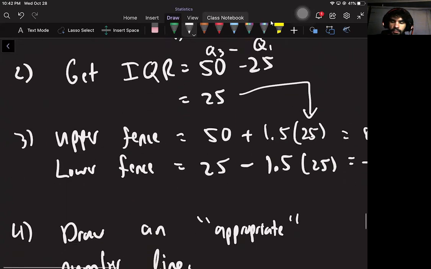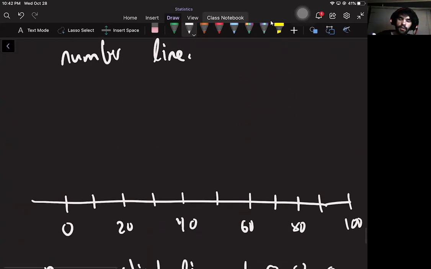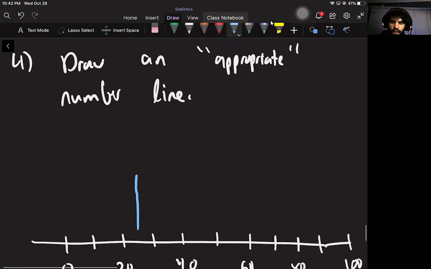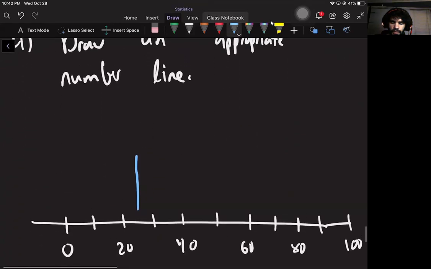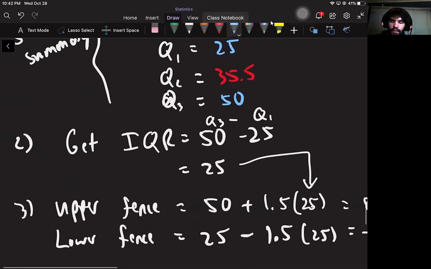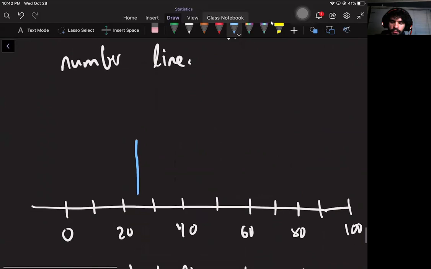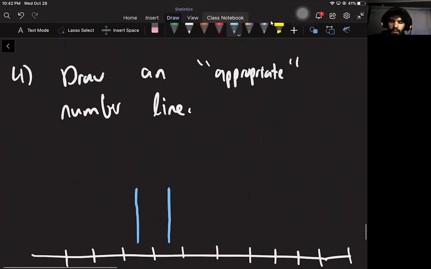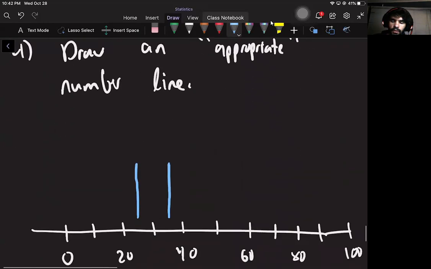So 25 is Q1, so I go to 25 and I just sort of try my best to find 25. I draw a vertical line there. And that's good, yeah. Okay, and then I go to Q2, 35.5. So what would that be? Around here. And then I go to 50 for Q3.